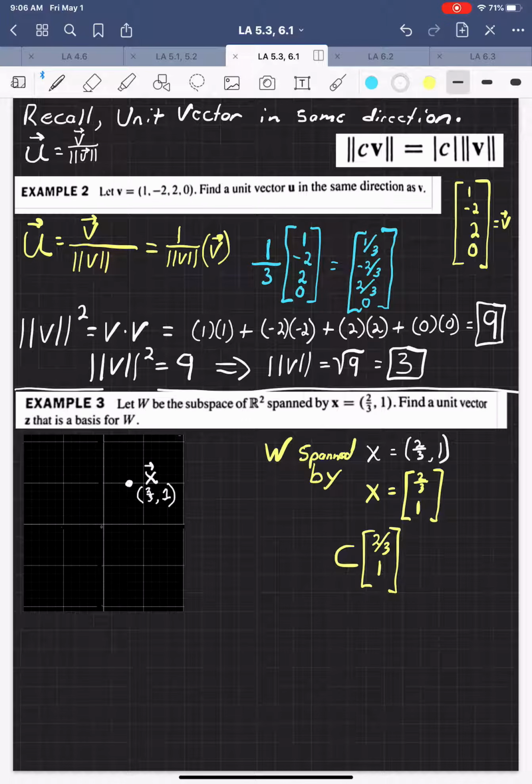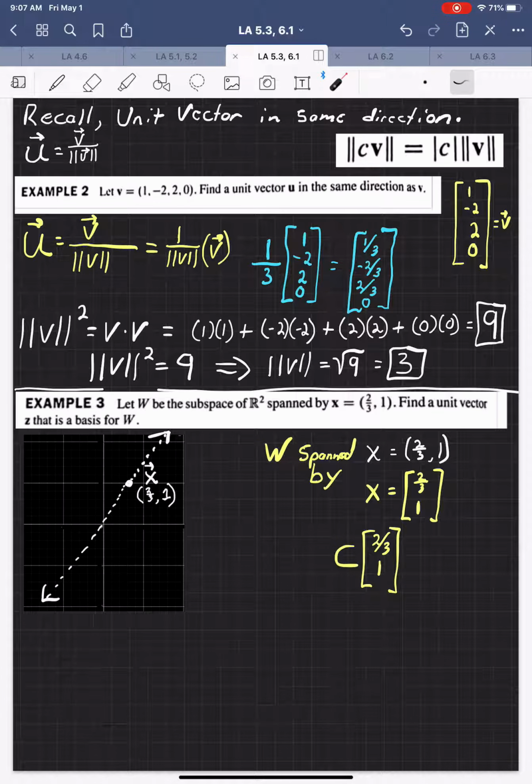Does it make sense to you that that would just be a line moving through R2 through vector x? That would be the span. That would be the geometric interpretation of the subspace W.